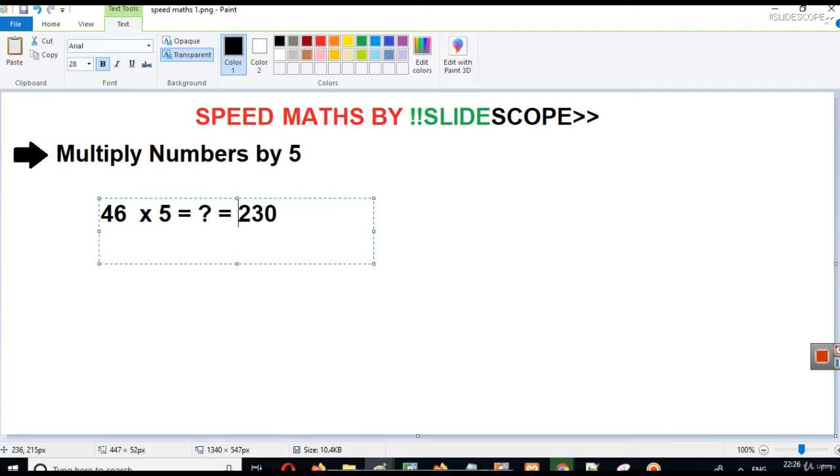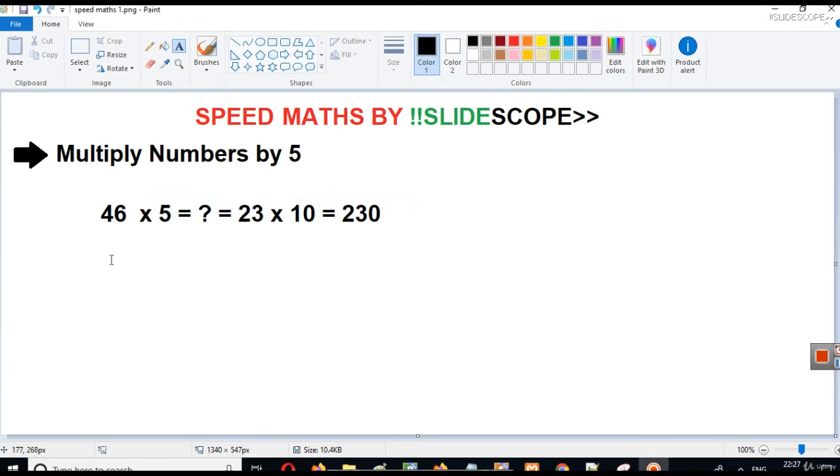So this will be your answer. So 46 into 5 is equal to 230, because half of 46 is 23 and you have to just multiply 23 by 10. We can do multiplication by 10 really quickly. We just have to add a 0 there, right? So this is the answer.